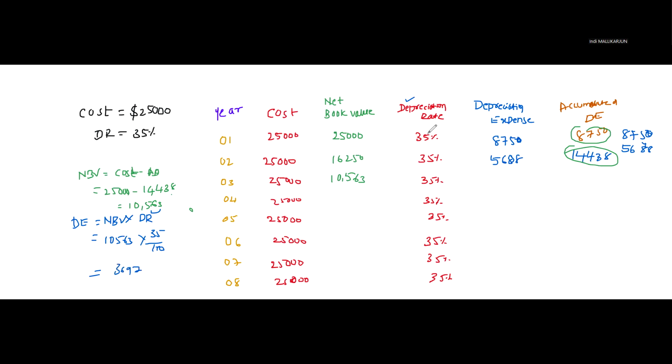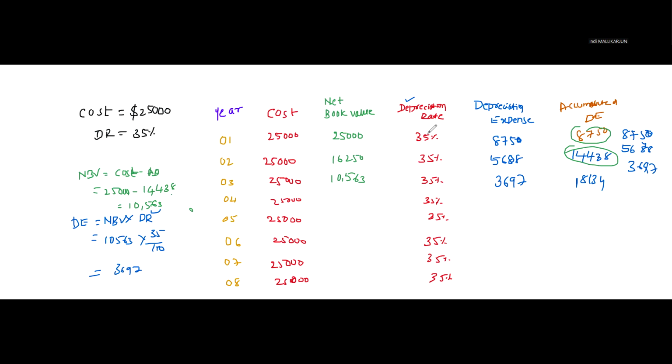Write down here 3697. What happens here now? You have to add 3697 here. Now accumulated depreciation becomes 18,134 rupees. Like that for the fourth year, again you have to calculate net book value.